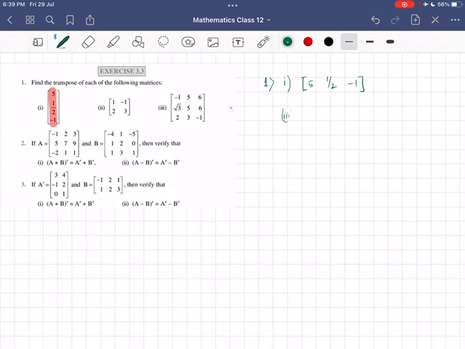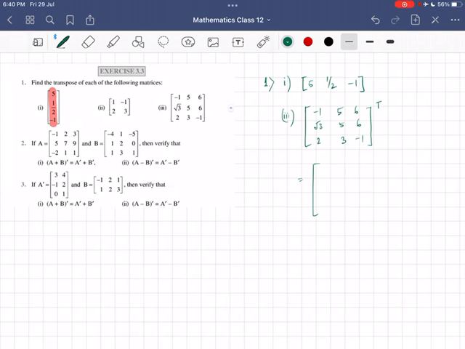Then question number 3. If I have to do the transpose of this one, I'm going to first write this matrix: minus 1 5 6, root 3 5 6, 2 3 minus 1. So I'm going to write T here.